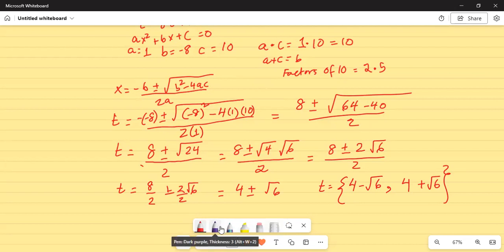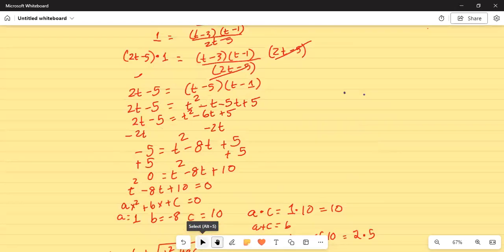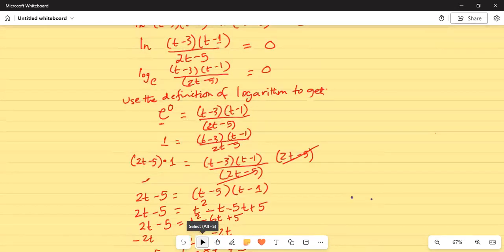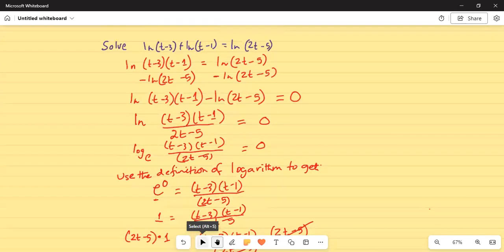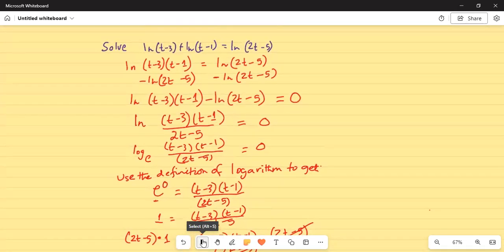I wanted to give you an important tip at the end of the program, which I will do now. I first used the multiplication rule of natural logarithm: ln(t minus 3) plus ln(t minus 1) is the same as ln of (t minus 3) times (t minus 1).